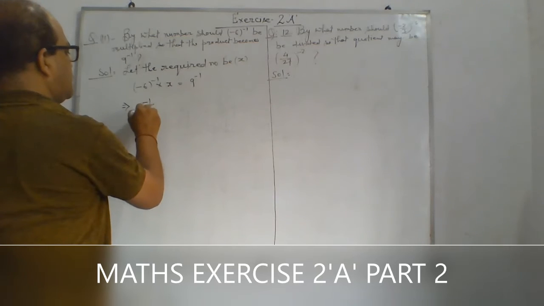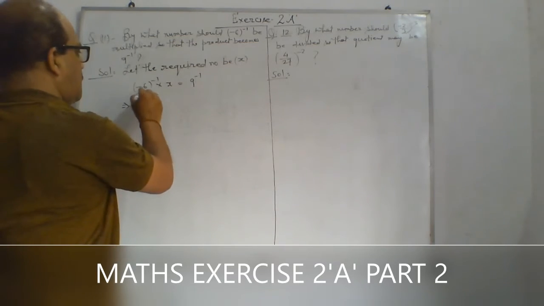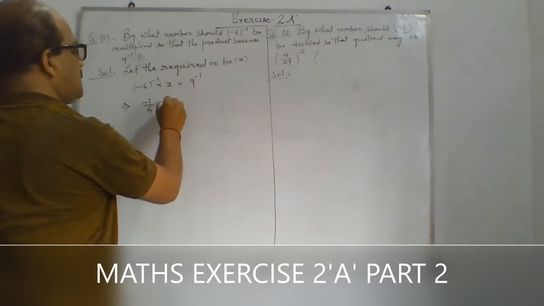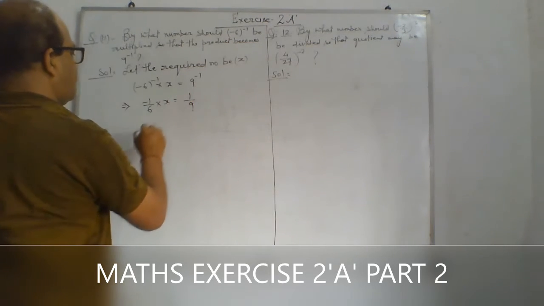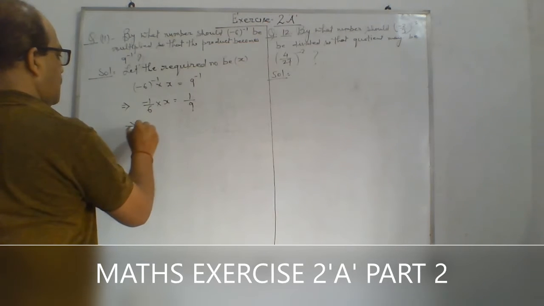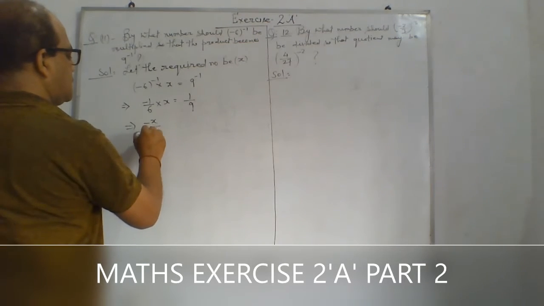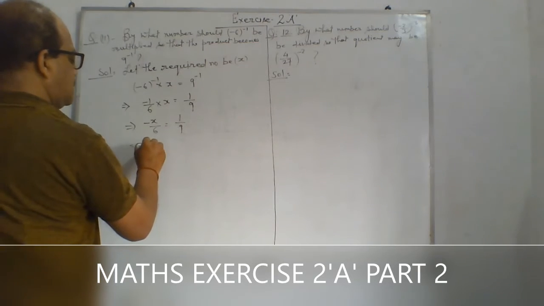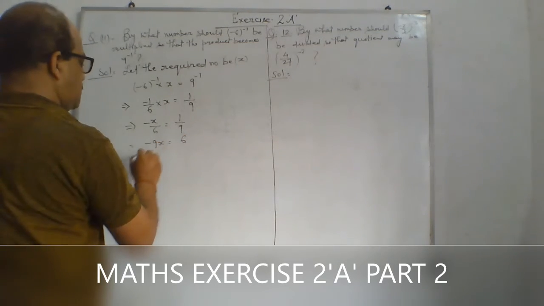Minus 1 by 6, if we write so, into x is equal to 1 by 9. Minus x by 6 is equal to 1 by 9, so minus 9x is equal to 6.